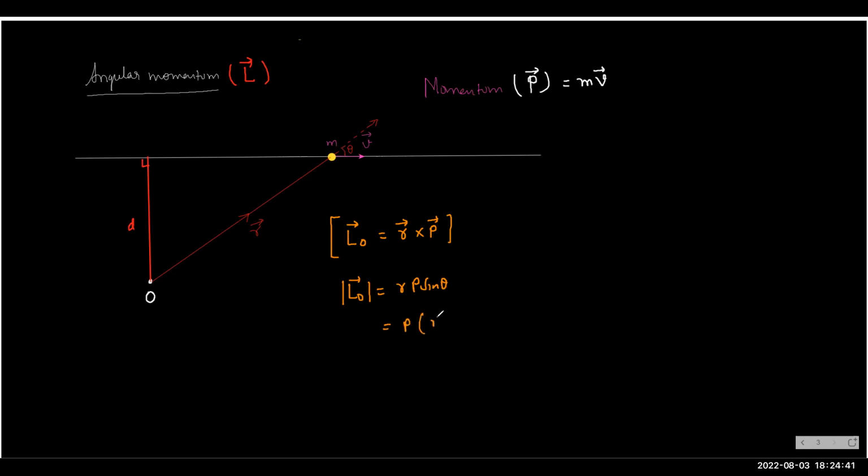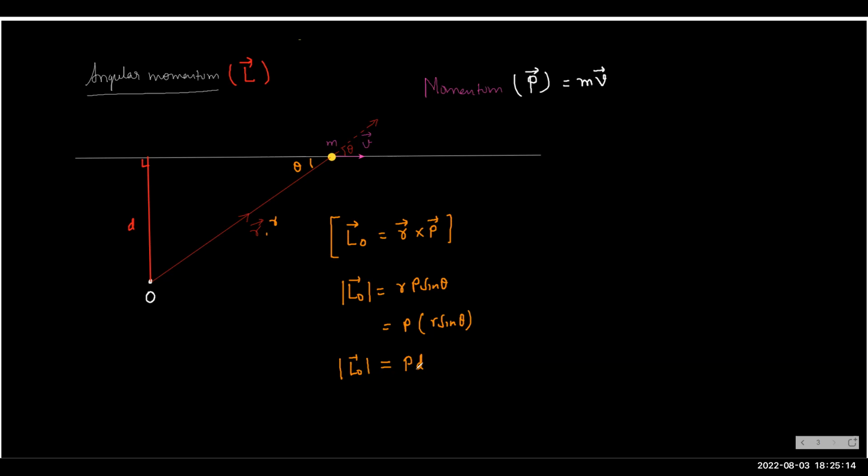And if you look carefully, what is r sin theta representing? Can you see what r sin theta is representing here? Anybody? In this triangle, the r sin theta is representing the perpendicular separation. So you can see L equals p d.